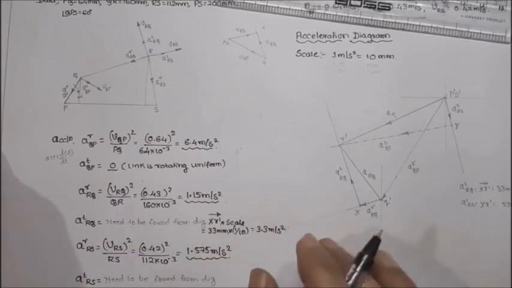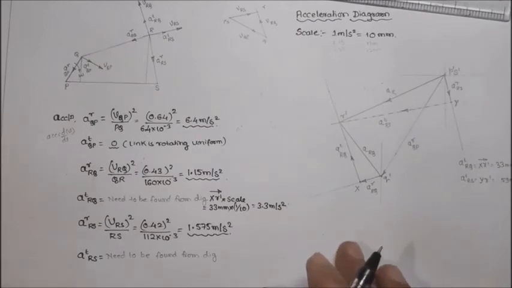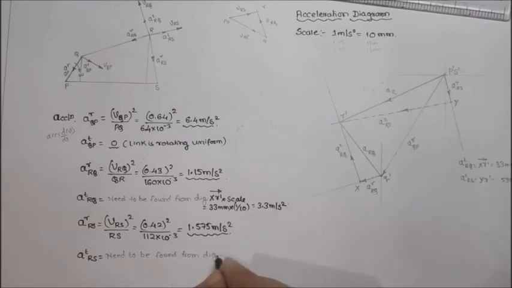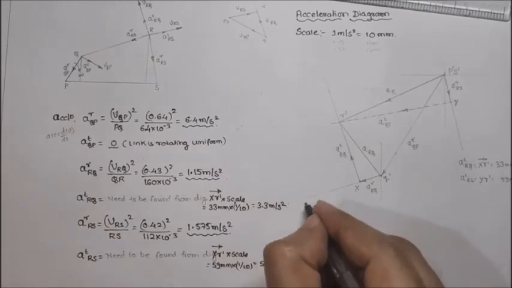So this is acceleration tangential. Then we need to find similarly for RS also. That will be vector y r dash into scale. Here it will be 59 mm into 1/10, so it will be 5.9 meter per second square. Now we need to find out the angular acceleration. So write a note here.